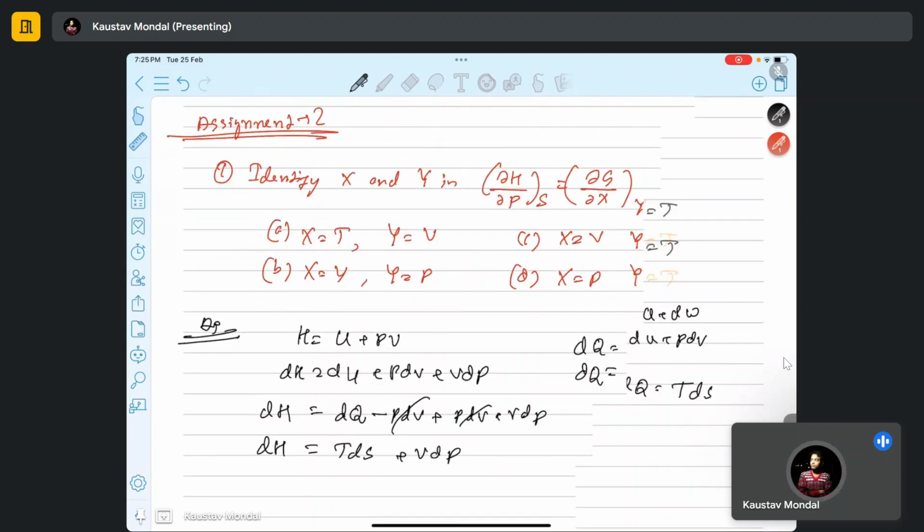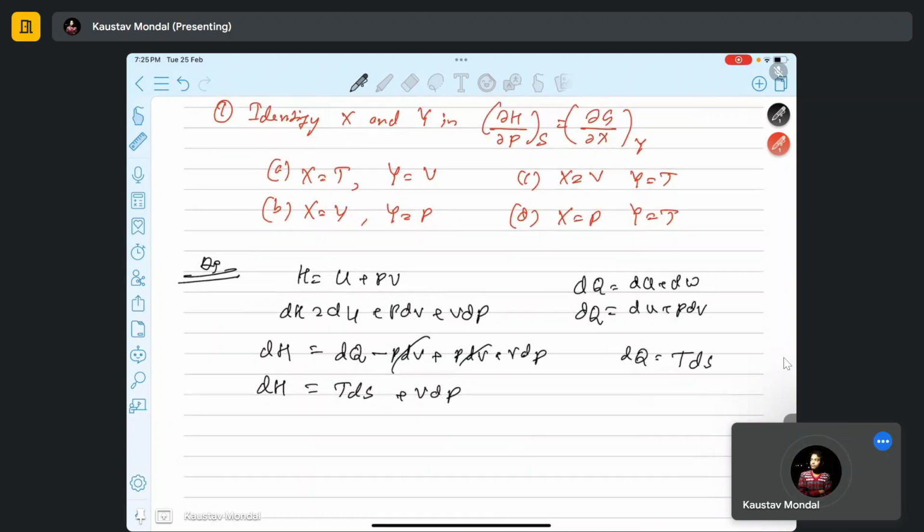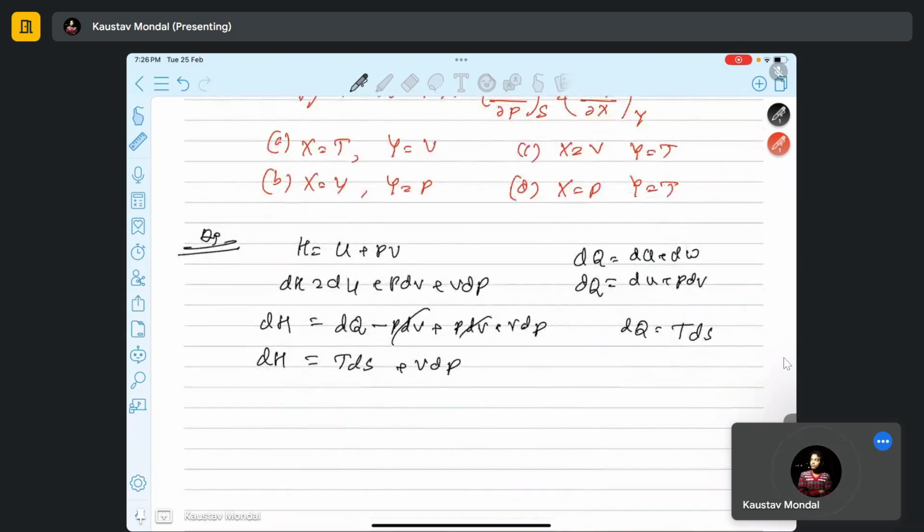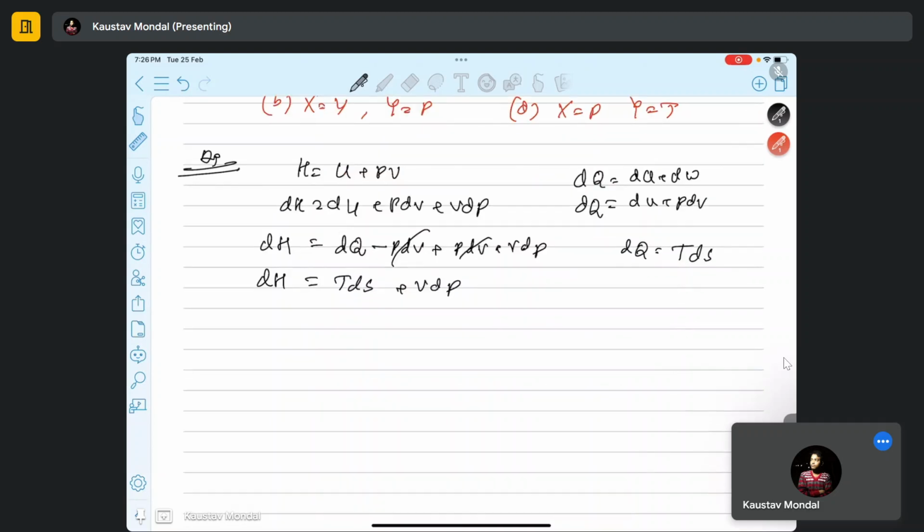Next you also need the Gibbs free energy, right? For Gibbs free energy, G is U plus PV minus TS. Similarly here also, dG is equal to dU plus PdV plus VdP minus TdS minus SdT.